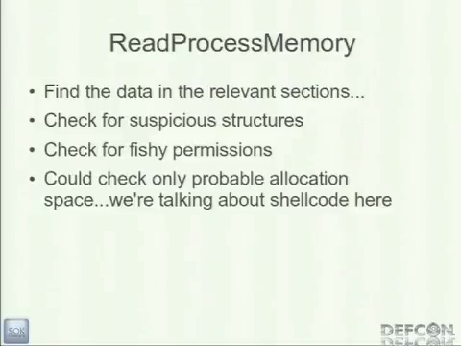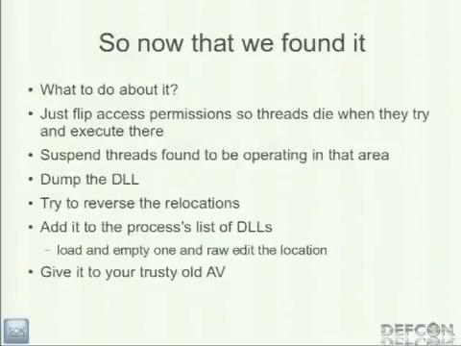If we wanted to validate the entire PE header and possibly additional structures within the DLL, then we could check the probable allocation space only. If we request memory be allocated and it's probably going to be in this location, then we can only check a certain number of allocations previous to that, or a certain number of pages previous to that.